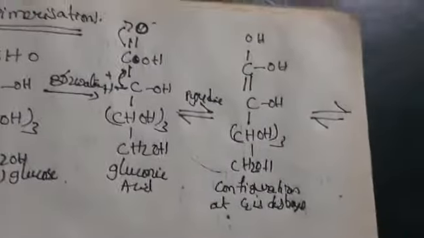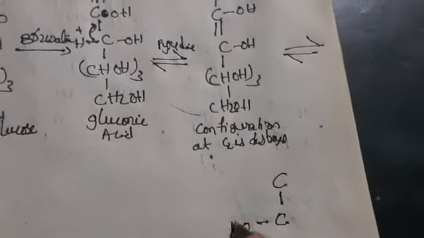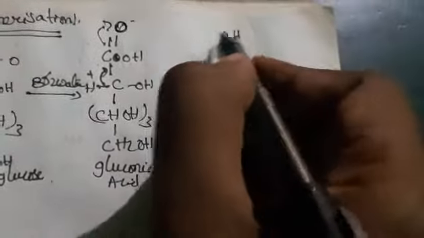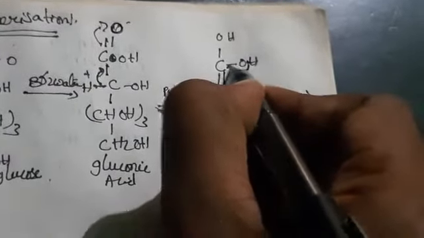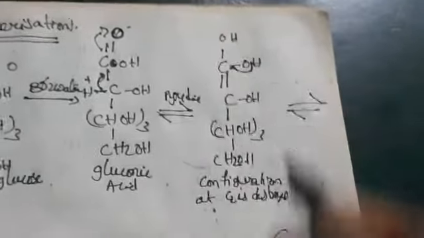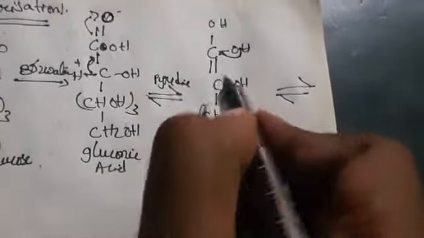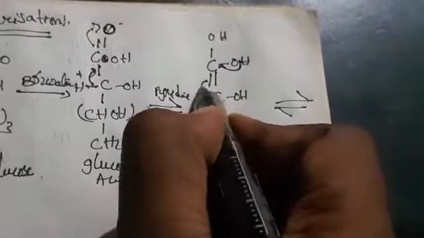See in the next step, the single bond C, OH I have written on this side, and again from this bond a double bond you get, and here this bond if you turn here, H plus will come and add here.